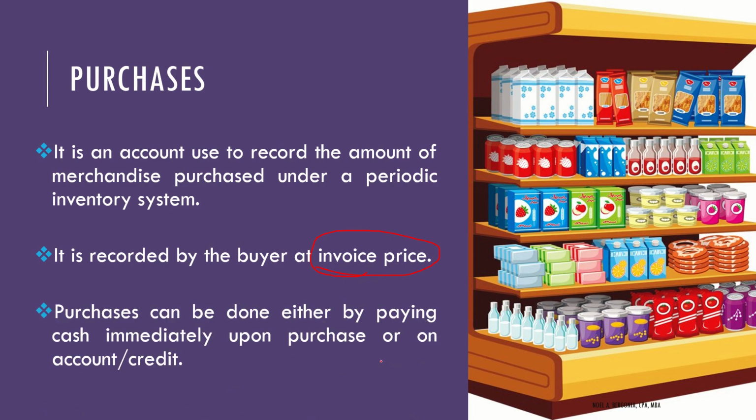And these purchases could be recorded either by paying through cash immediately, so pwede tayong purchases for cash, and also we could purchase on account, so pwede rin nating utangin. There would be difference in entries mamaya if we pay it through cash immediately or i-on account po natin. Okay? So that's for the purchases.